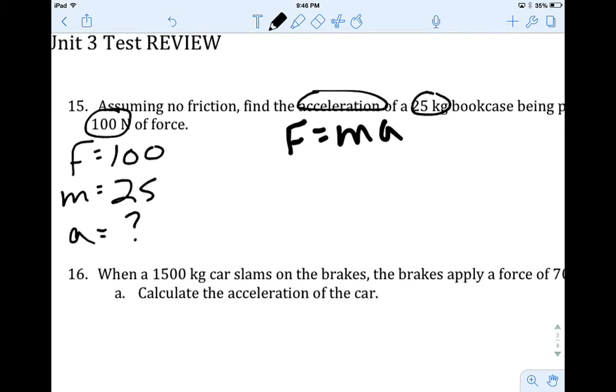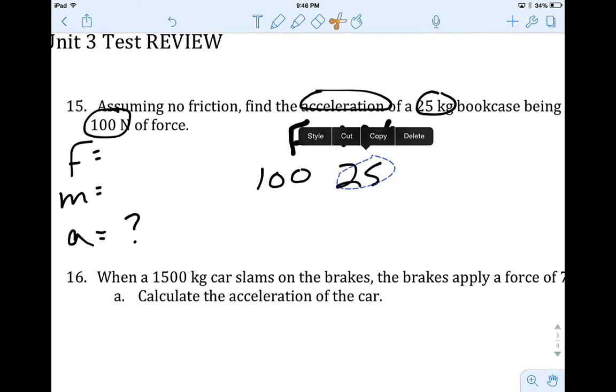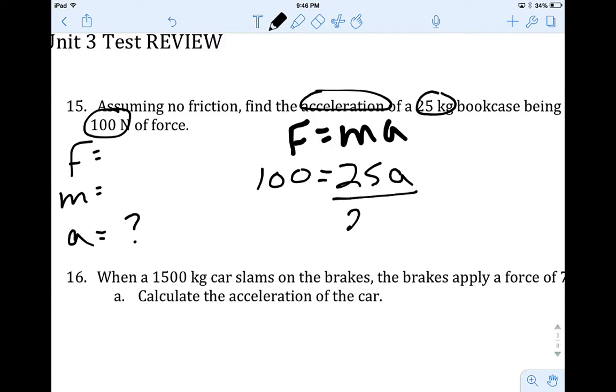So all I'm going to do now is put my 100 newtons in place of the F, and my 25 in place of the m. So I've got 100 equals 25 times a. Now I want to get a by itself, so all I'm going to do here is divide by 25.